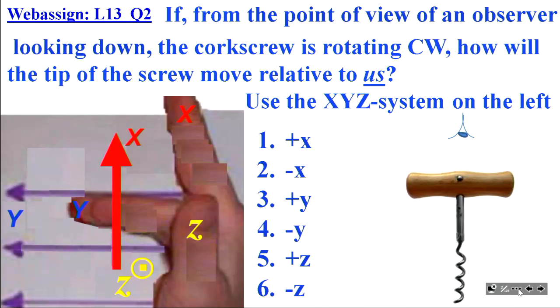So everybody had at least one experience with using a screw. If you look down and you rotate it clockwise, that's what's called screwing in, which means it will move away from you. And if you start rotating it counterclockwise, you will screw it out, which means it will be traveling toward you.